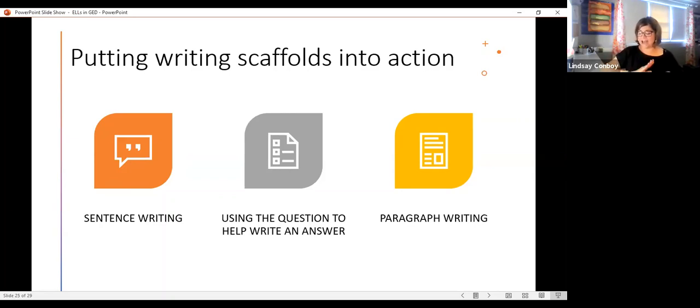Explicitly teach how to use the question to write an answer, and then move back into paragraph writing. And you can cycle through all of these again and again to help them repeat those necessary skills. And as with everything, as I said, repetition.